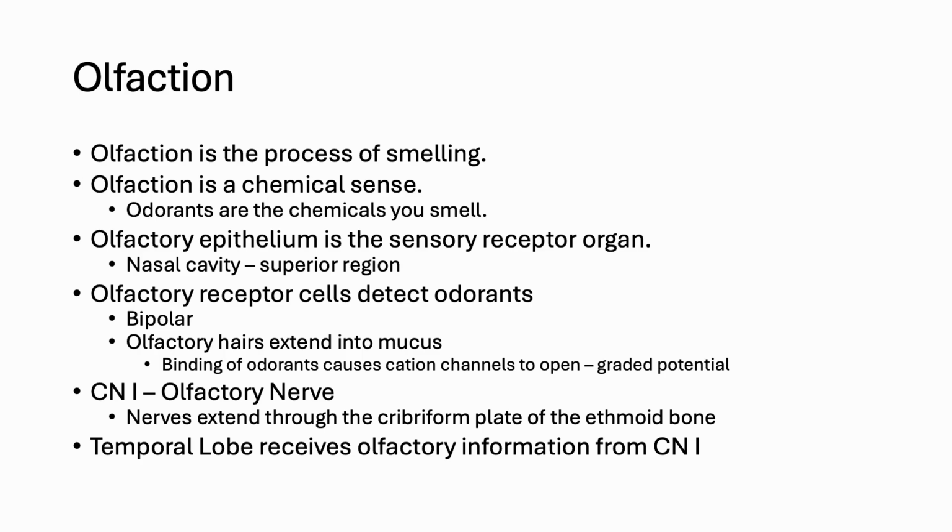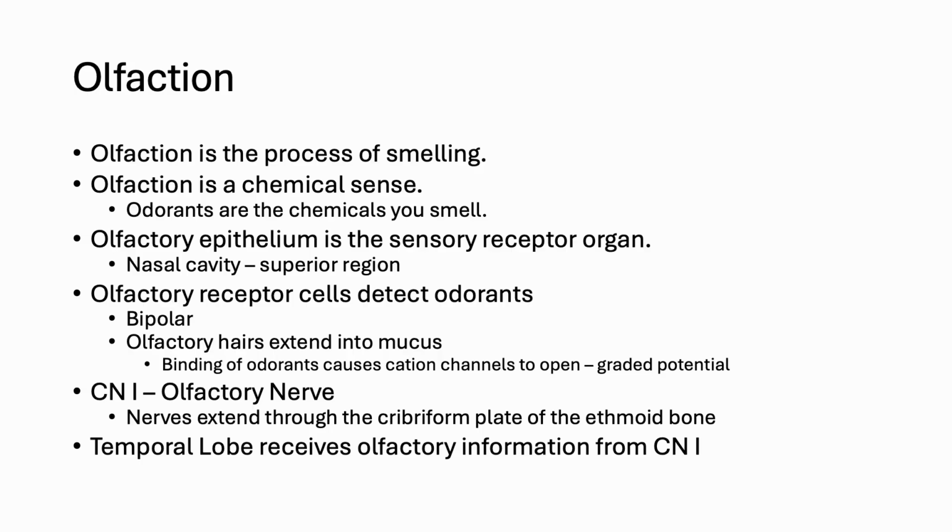Now, what happens when the cilia on these special receptor cells bind to an odorant? It goes through a process, but ultimately this causes some cation channels to open. The cations, like sodium and calcium, move into the cell, because remember, the inside of our neurons is more negative than the outside.